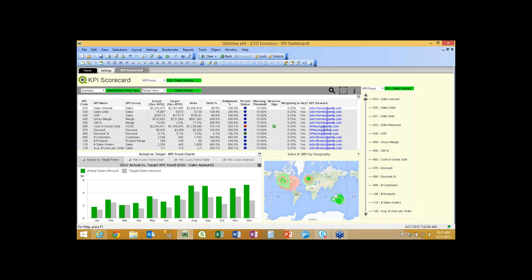And then finally, we have this KPI Steward here. This, again, is just fictitious examples, but it allows us to see who is actually looking after that KPI and who I might want to talk to if I have a question about overperformance, underperformance, or continuously good performance, for instance.